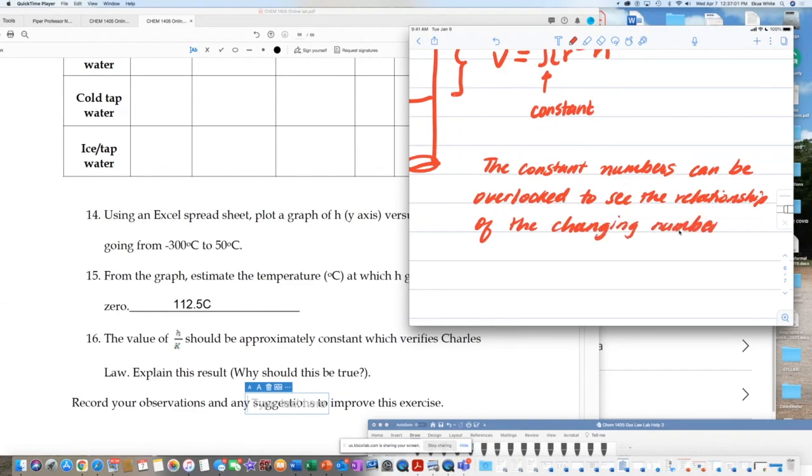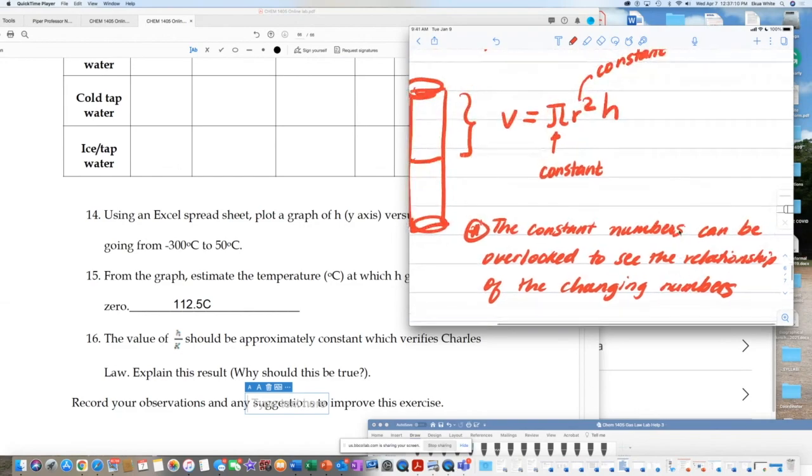So this is what I'm about to do, and this is the rationale I'm using. Sometimes we make things constant because we're trying to overlook them on purpose. In this experiment, pi is a constant because pi is a fixed number. It doesn't change. But the straw, when it's designed, has a fixed radius.